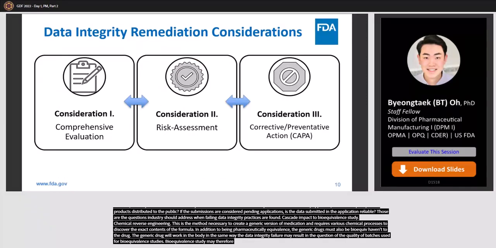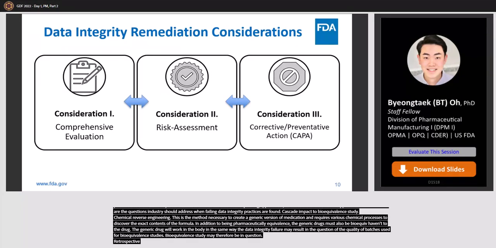So far, we discussed the retrospective impact on drug applications and the cascade impact on bioequivalence study. Here, we'd like to discuss more about the remediation considerations when data integrity failures are identified in the system.